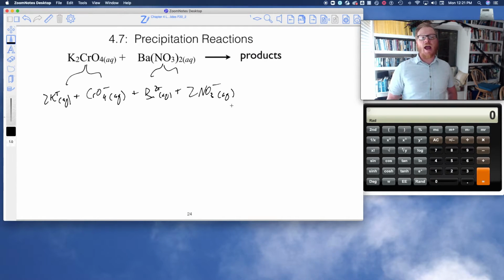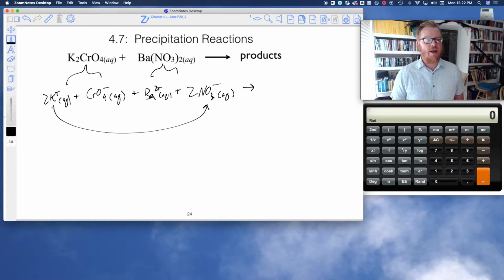So remember, this is why I had you practice that on that discussion worksheet. Get good at breaking down these formulas and recognizing the difference between coefficients and subscripts and what those things tell us, okay?